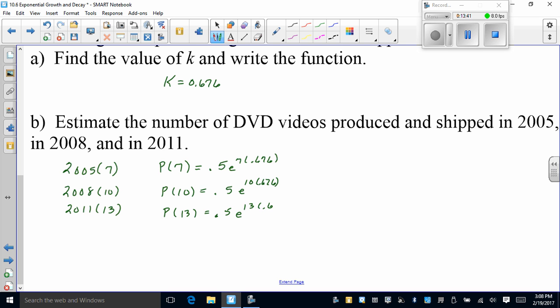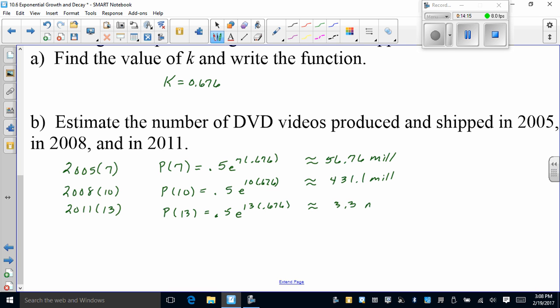Throw these into the calculator. This gives me a value of 56.76 million. This one will give me about 431.1 million. And the last one would give me a value of 3.3 billion.